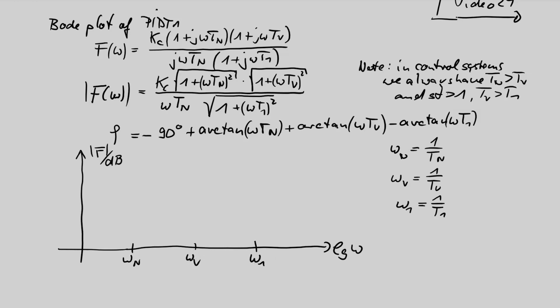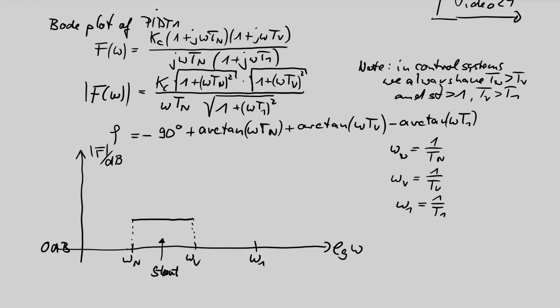Now, this curve can be constructed in the following very simple way, asymptotically. First, we draw a horizontal line from omega n to omega v. This is a 0 dB line.